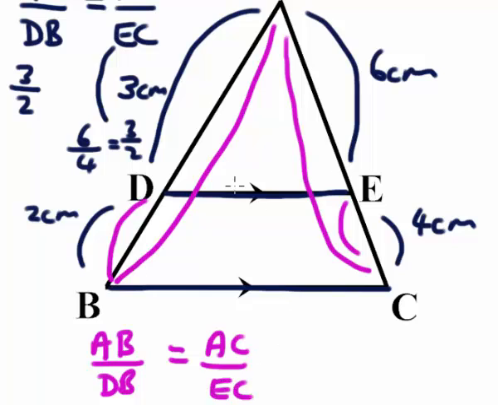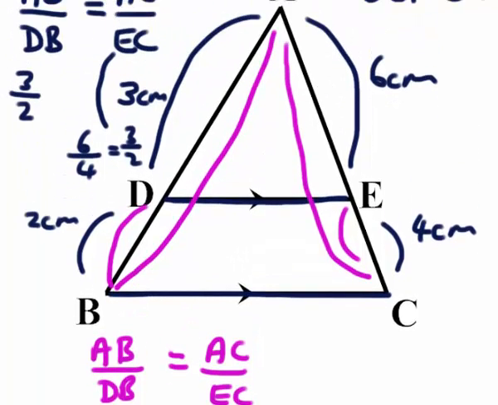And so you can create as many kinds of fractions as you like, as you could go BD over DA is CE over EA. It doesn't matter how you go, as long as what you do on the one side is the same as on the other side.